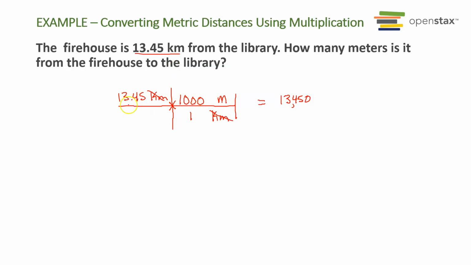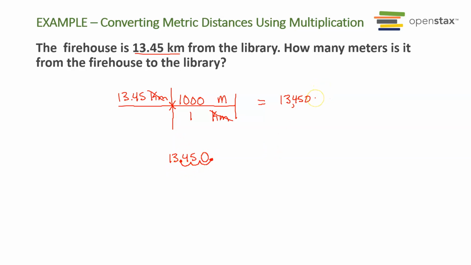Another way we could think about doing this is, because anytime we multiply by a factor of 10 or a power of 10, what we're really doing is just moving the decimal place to the right. So multiplying by 1,000 is basically taking this decimal and going 1, 2, 3 places, and any time you have a blank space, 0 is our placeholder.